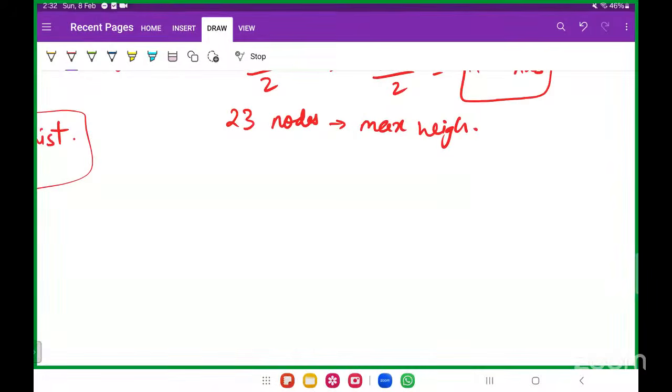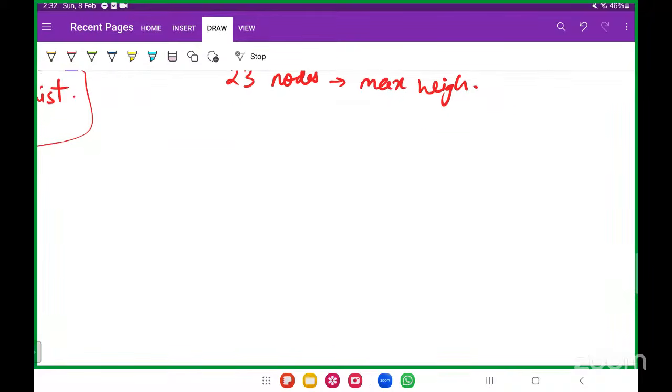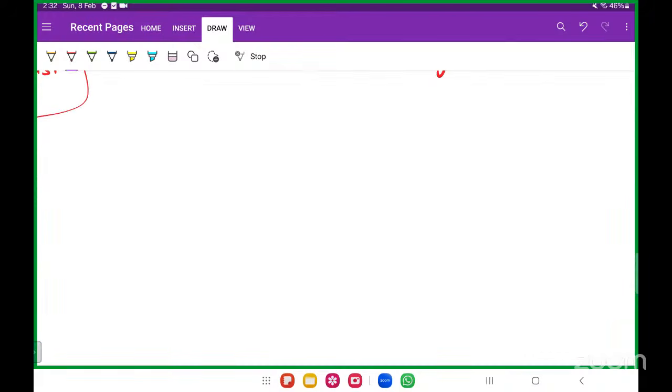So we have already discussed this. Now we have another problem, where a pre-order traversal is given. We need to find the position of the element 60 in the post-order traversal.